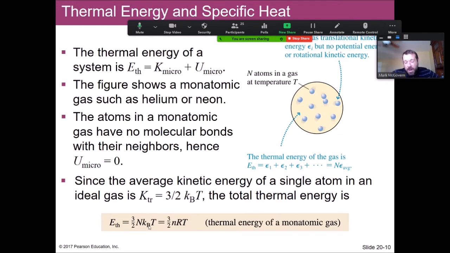If you want to talk about energy transfers, you can put a delta E thermal, and that would be a delta T here. All right, simple enough.